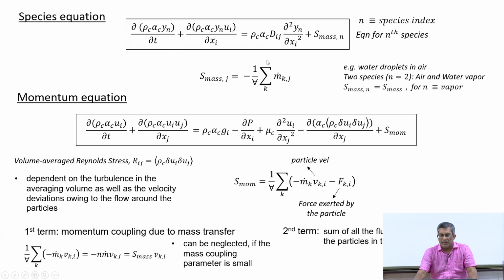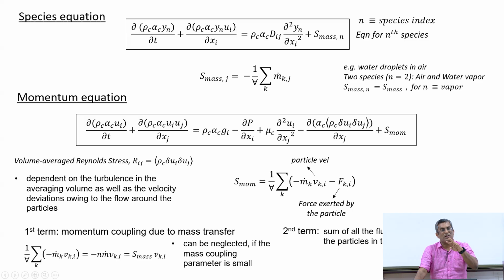We can visualize it better if we consider this simple example of water droplets in air. In this case, how many species do we have? 2. What are those? Air and water vapor. Here we are talking about species in the carrier phase, please do not get confused.